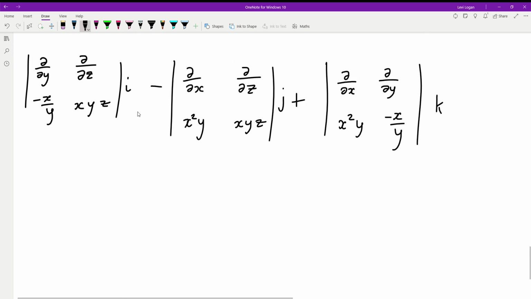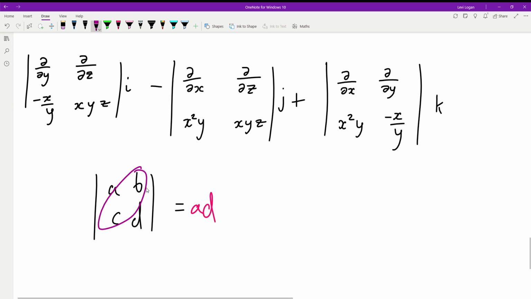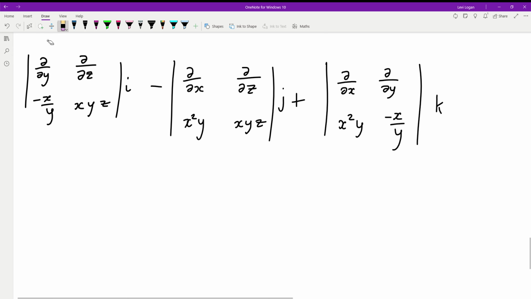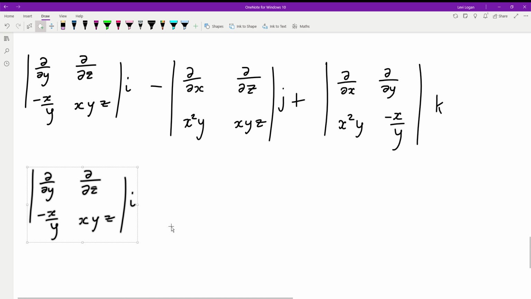Righto, so to find the determinant of a 2 by 2, so we have a, b, c, d. To find the determinant of this, it's just going to be this times this, so a times d, subtract this times this, so minus b times c, okay? So you've got to do that for each of the 2 by 2s we can see above. Let's just do them individually, because if you do it all at once, you'll probably get confused, and it's probably not the best way to do it.